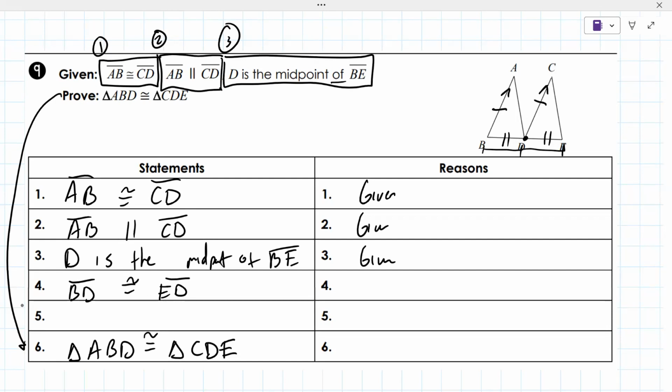That's the harder part, figuring out why. The why is the definition of whatever you were just doing. So what were we just doing in the previous line? You're going through the midpoint. Definition of a midpoint. Yeah.